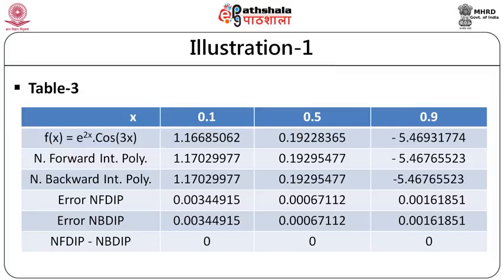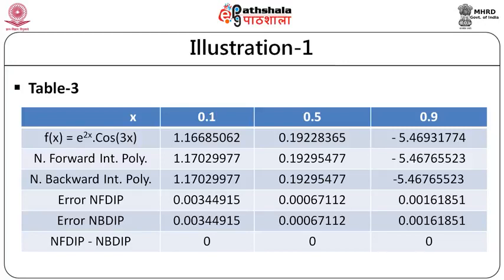So, in our illustration 1 we have already computed the actual values of f(x) at 0.1, 0.5, 0.9, then the values by Newton's forward difference interpolating polynomial at these points and by the backward difference interpolating polynomial. These values are already computed in the previous slides, which are listed down here.